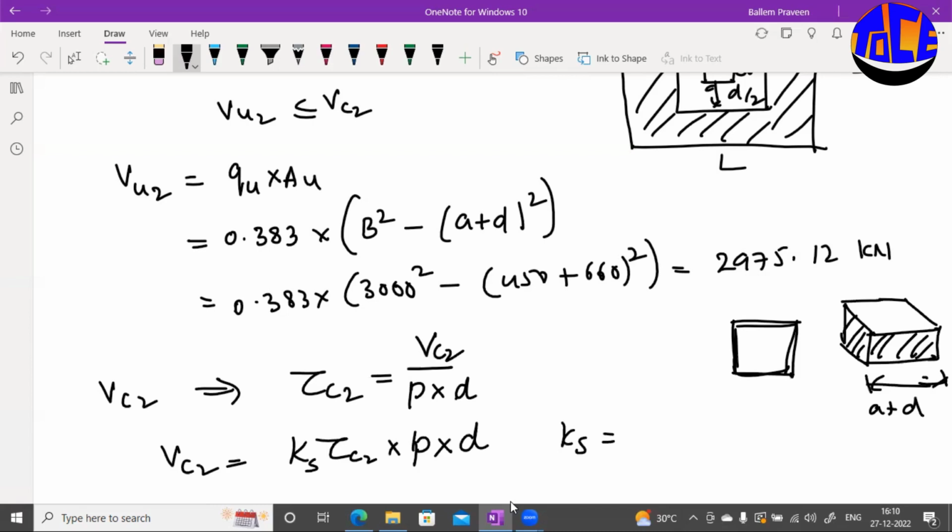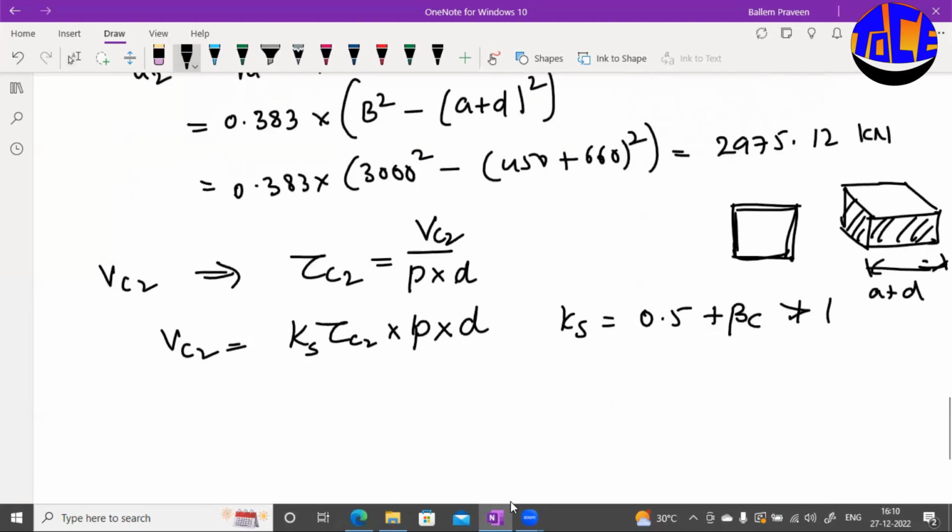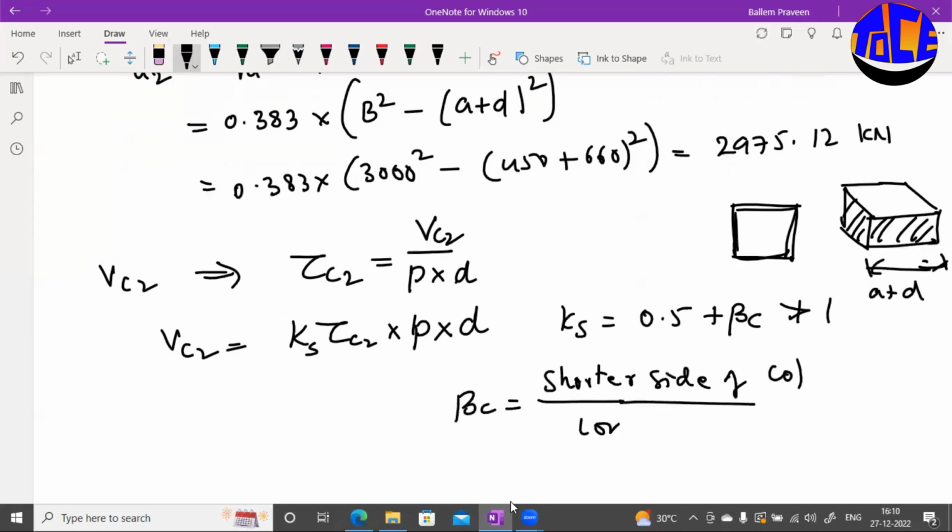So Ks is equal to 0.5 plus beta C. This value should not be greater than 1. Beta C is nothing but the ratio between the column's shorter and longer sides, that is, shorter side of column divided by longer side of column.